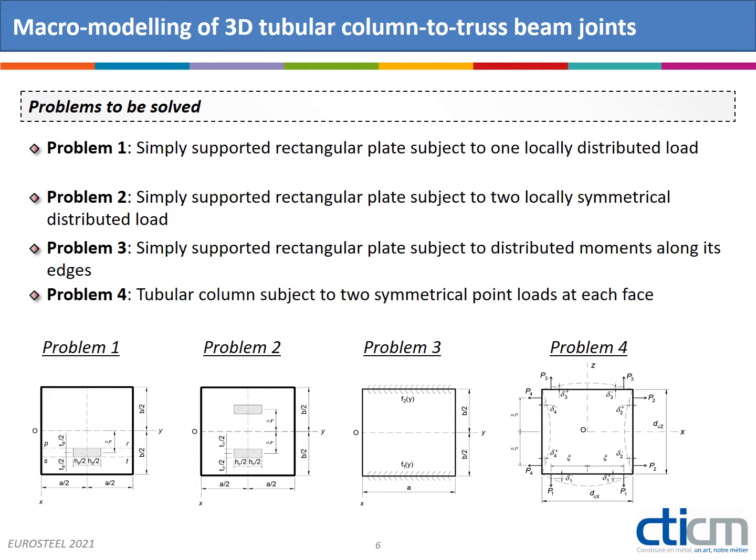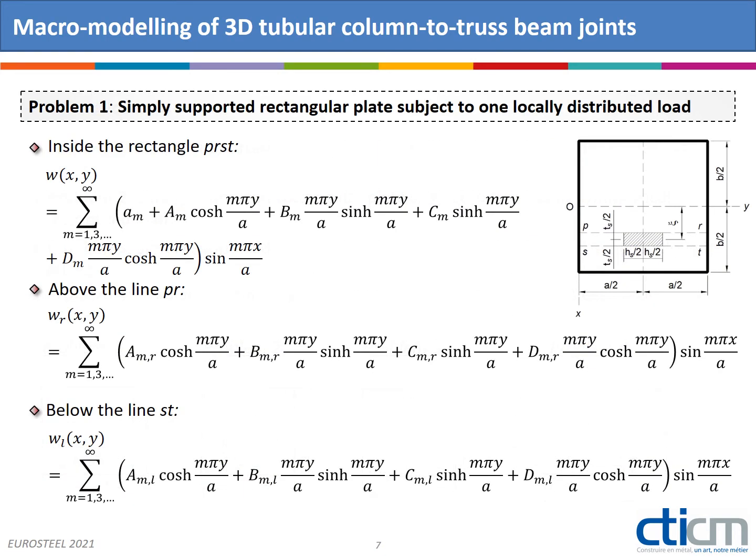And finally, one solution of these three problems will be applied to the tubular columns subject to two symmetrical point loads at each face. In the first problem, the plate is divided into three parts by these two lines PR and ST. For each part of the plate, the displacement at any point may be expressed as a summation of infinite hyperbolic functions as given on the screen.